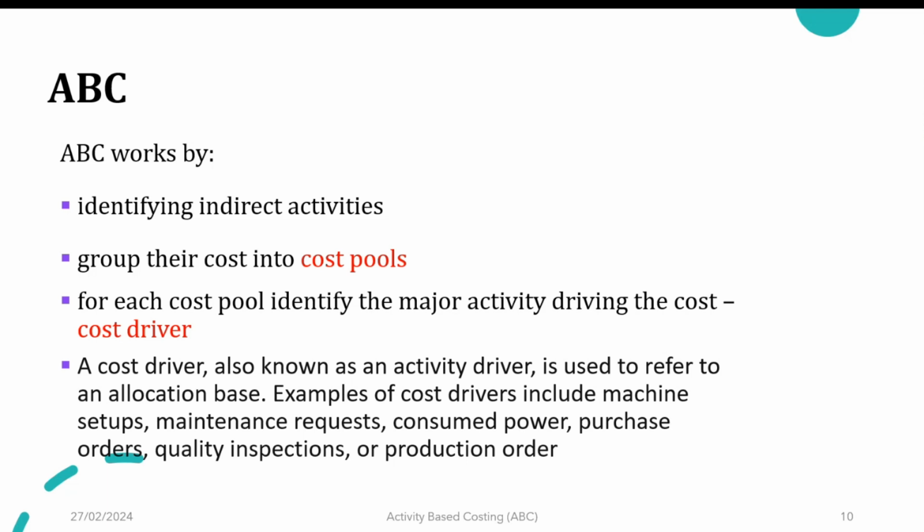And to implement an ABC system, managers need to carefully examine the business operations. They need to identify various supporting activities clearly. So if it's like what we mentioned in the bank, then they need to identify those supporting activities that are not directly connected to the production or services.